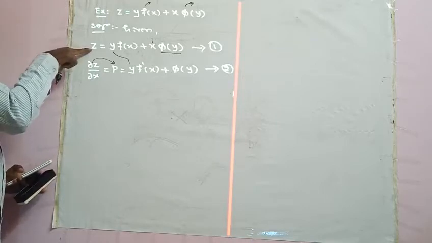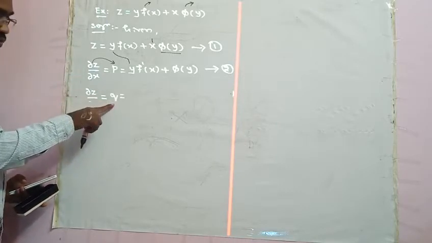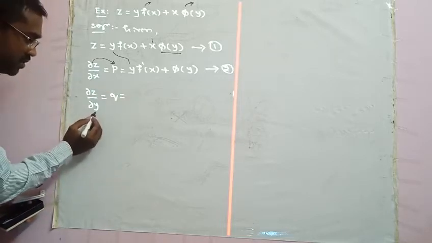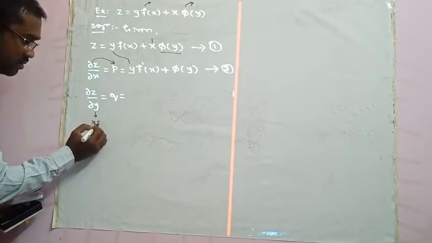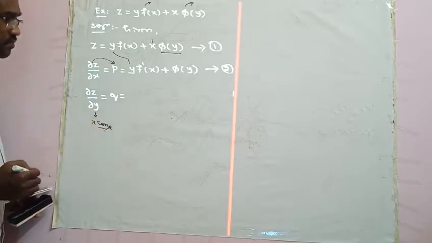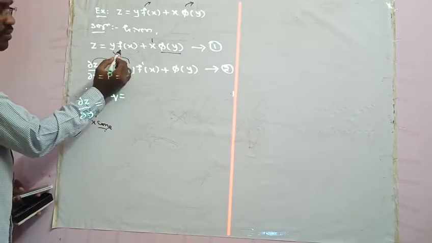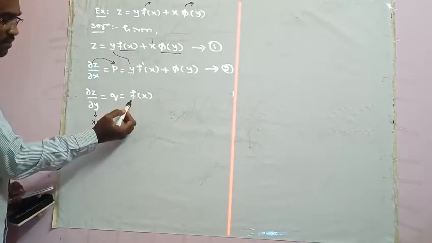Now let us find ∂z/∂y. That is called q. Since we are differentiating with respect to y, x is taken as constant. Since x is taken as constant, we need to write f of x as it is.